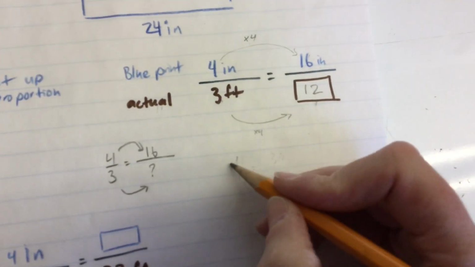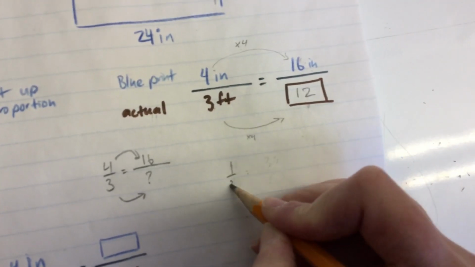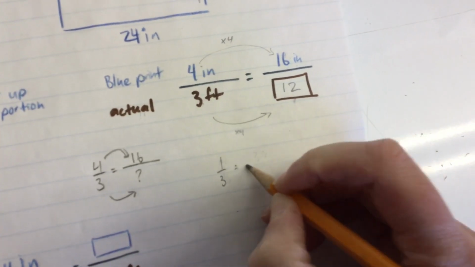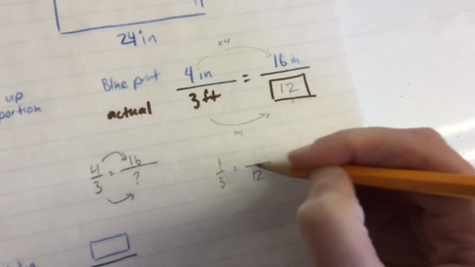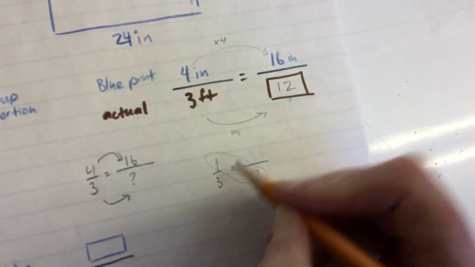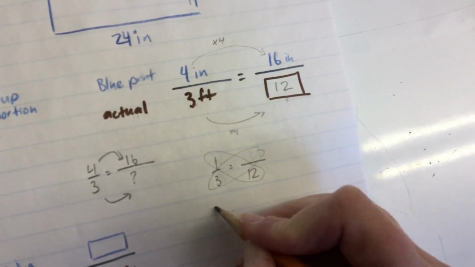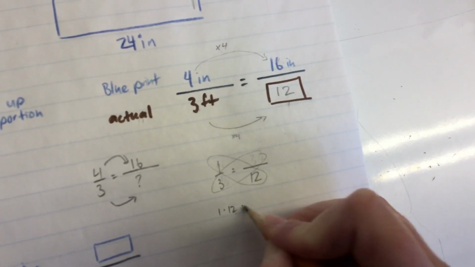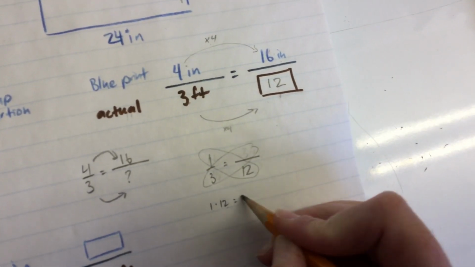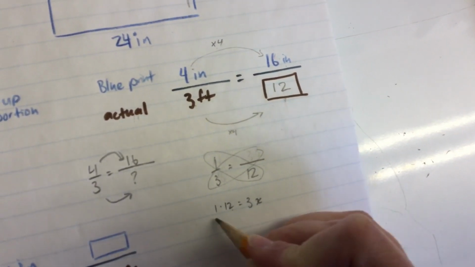If you guys remember, I did show you a trick for solving proportions. With any proportion, we know that the cross products are equal. So that means that 1 times 12 is equal to 3 times my unknown number, 3 times x.